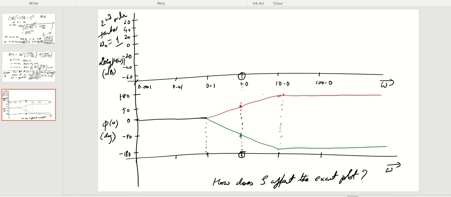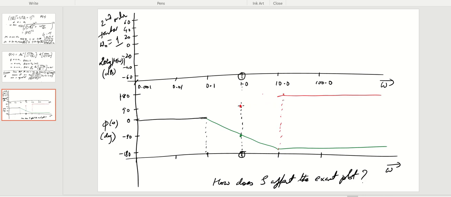One of the options is it could be something like this. Let me erase that now. Oh, I ended up erasing more than I wanted to.